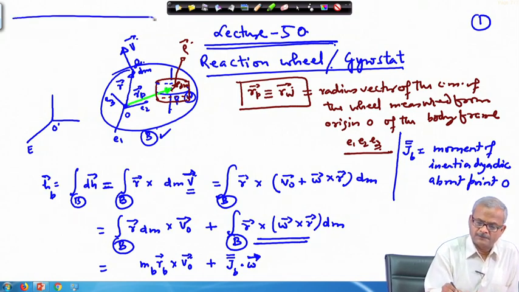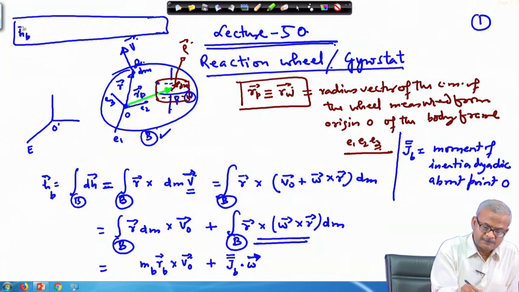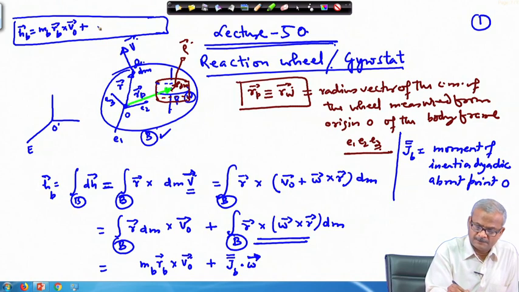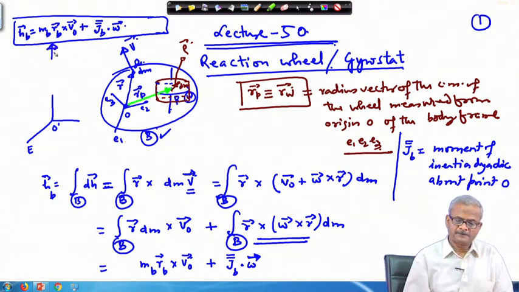So, we should write here as a conclusion H b equal to m b r b cross v 0 plus J double bar b dot omega. This is our main result.